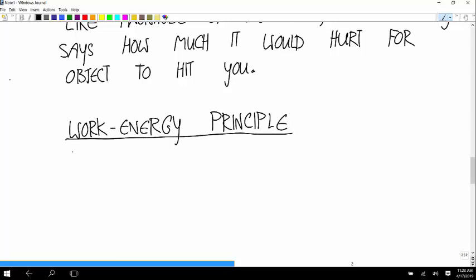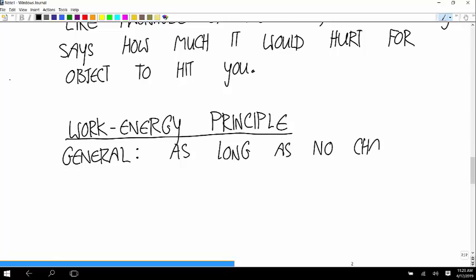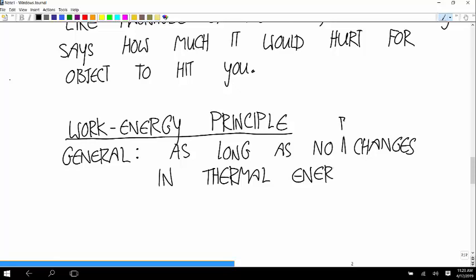And this is general, which means that as long as there are no big changes in thermal energy, the work energy principle holds.